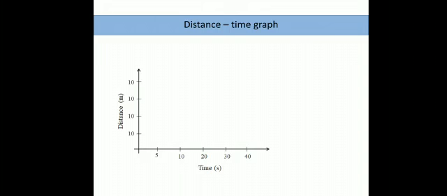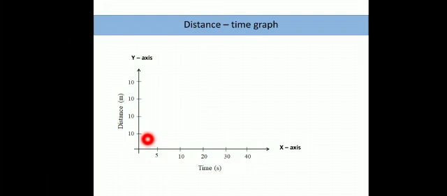You can see here, on the x-axis, the horizontal axis, we have time, and on the y-axis, the vertical axis, there is distance. Whenever we refer to a graph, the first name goes to the y-axis, and the second thing is plotted on the x-axis.